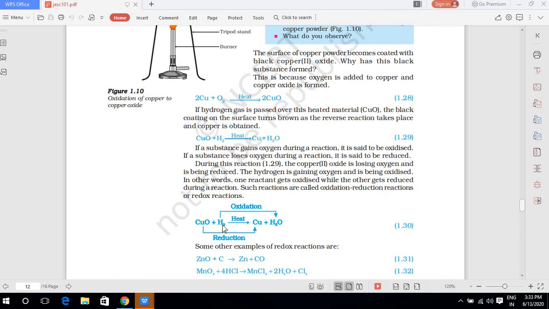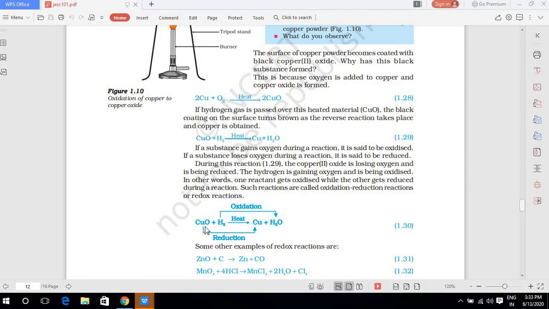Copper oxide and hydrogen gas, when reacted, the copper will be left alone, which means that copper oxide reacts with hydrogen gas to form copper and water.